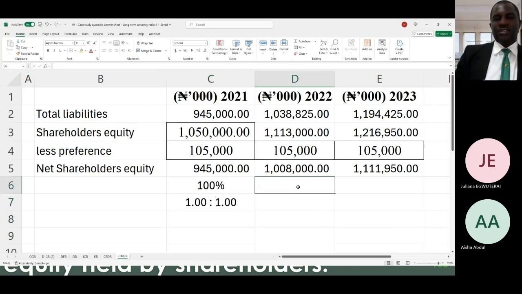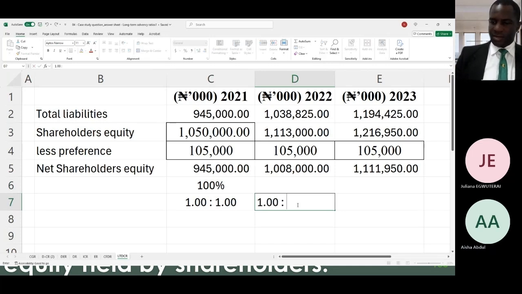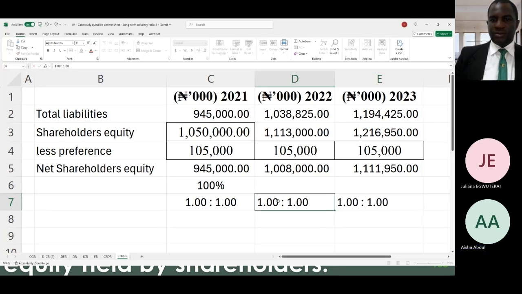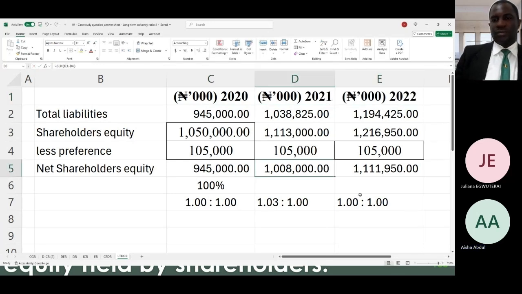Okay, so can I have 2022? Also 1.03. Okay, 1.00 is to 1.00. Okay, 1.03. Yes. What of 2020? This is 2020. This is 2021. This is 2022.